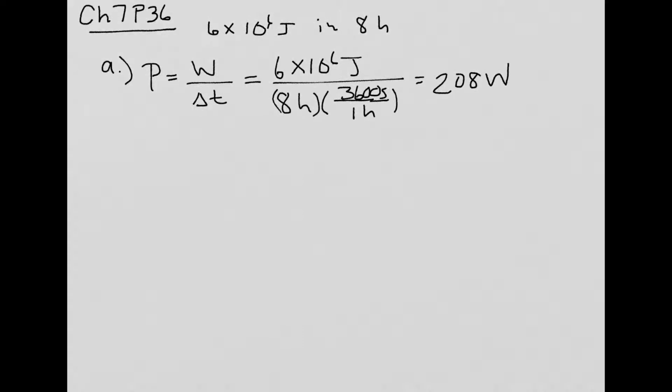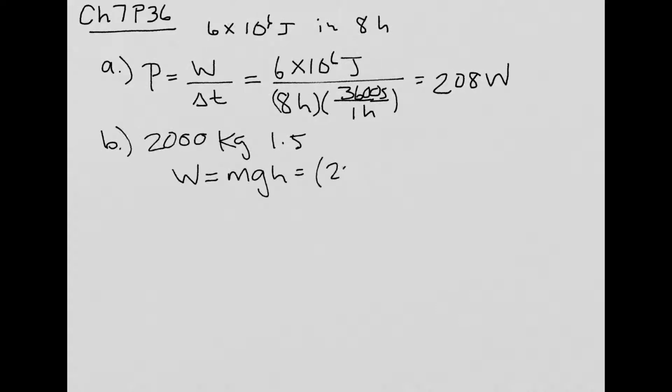Then the question is, how much time does it take for that person working at that rate to lift 2,000 kilograms of bricks up 1.5 meters? So in this situation, the work that's done is equal to mgh.